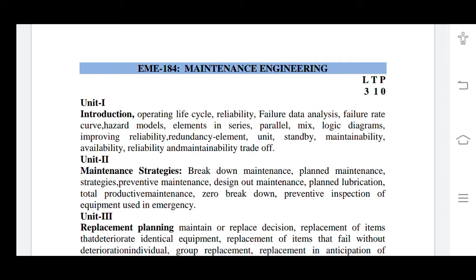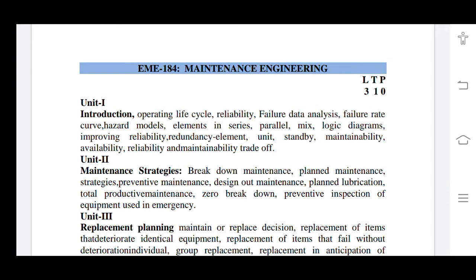As the name implies, maintenance, you clearly understand that it means to maintain different things. But as you know, we all are engineers. So where there is a requirement of a maintenance engineer.